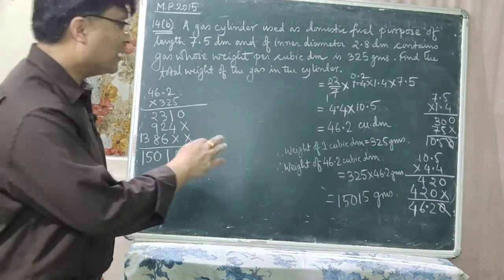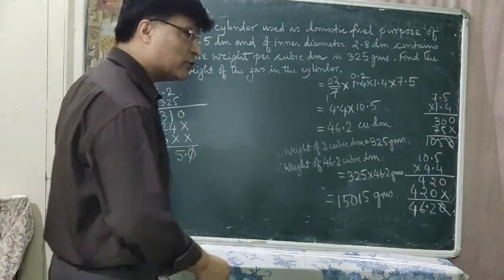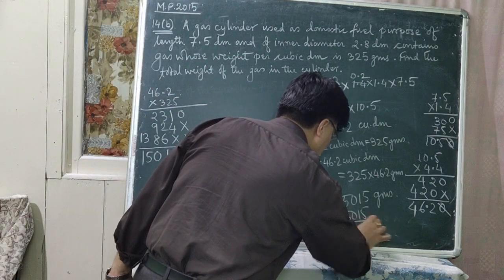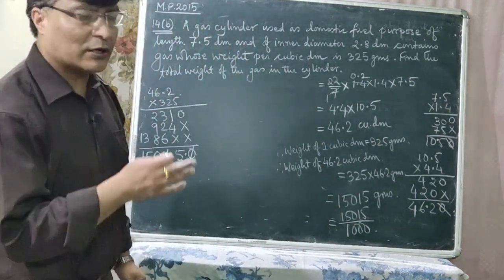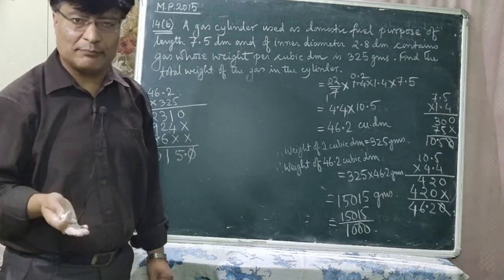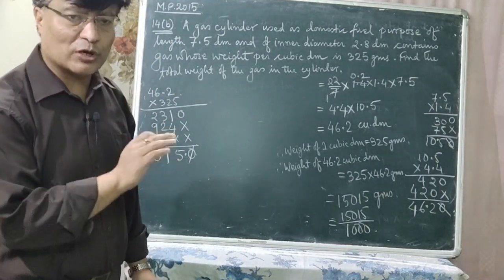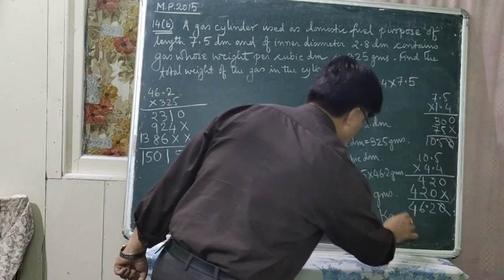Okay, so let us convert it into kilograms. How can you convert it into kilograms? That is 15015 divided by 1000. If you convert grams into kilograms, you have to divide the number by 1000. So this is automatically kilogram.